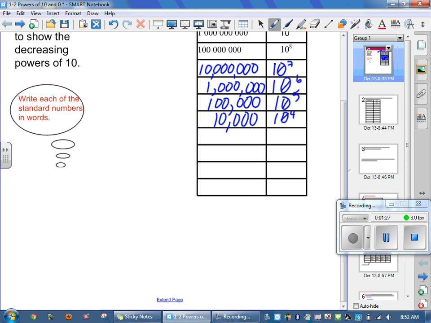Let's move it up for you. 10 to the 3, or 10 cubed we can call him. It's going to give us 1,000. 10 squared, or 10 to the second power. 2 zeros, which is 100.